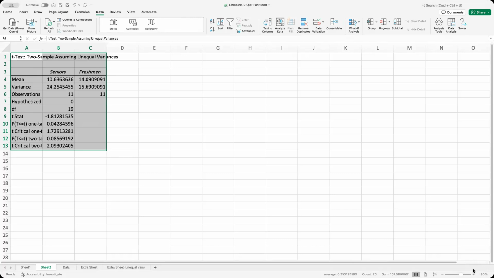Same question. Do I reject or support my null hypothesis based on the statement? Again, I look at the p-value for the one tail, it's 0.04, I reject. Is there a difference between the values for the equal variance and the unequal variance?